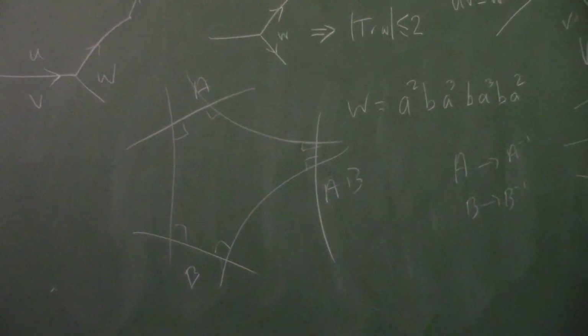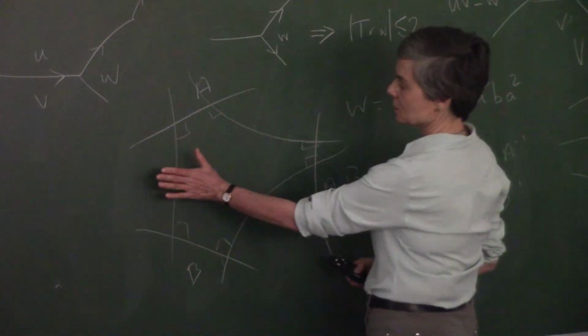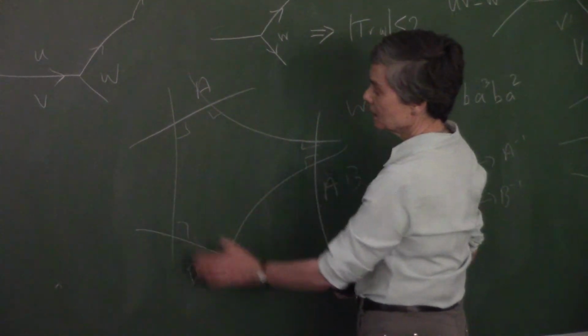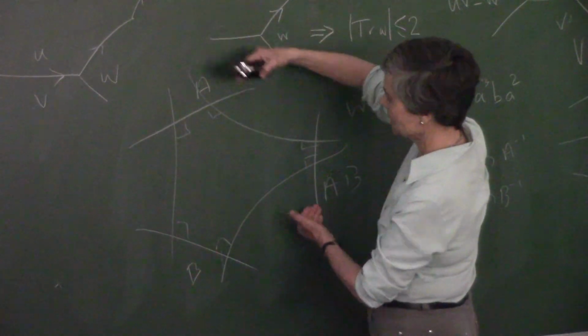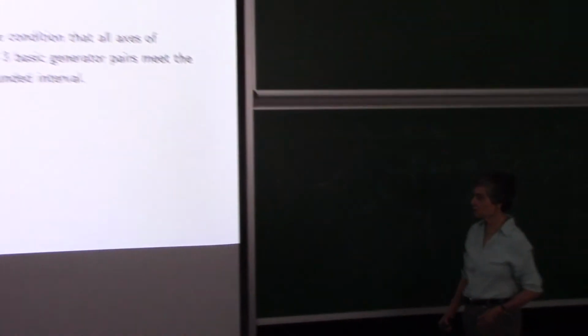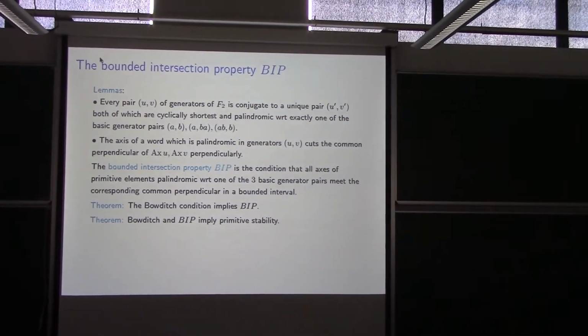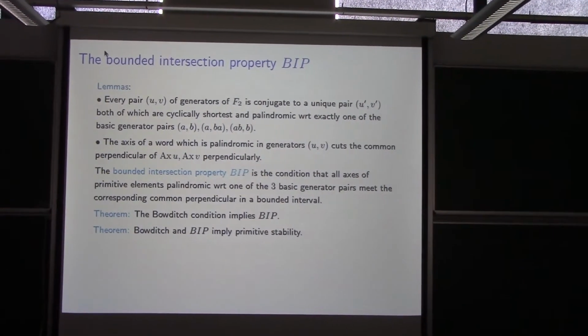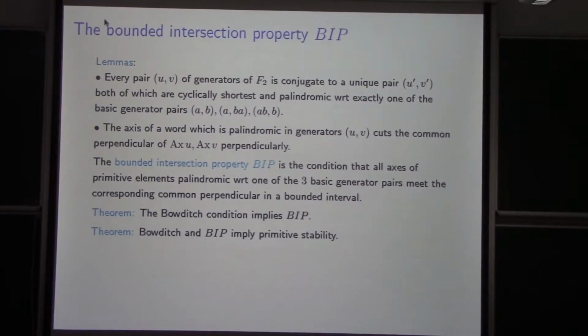But of course you have to conjugate to do that. But anyway, so you get zillions of these primitive elements cutting here perpendicularly. If they all cut within some fixed bounded interval for these three pairs of axes, that's what we call the bounded intersection property. So that's a nice property, and my conjecture is that these rays, the PQ ray is the ray on which the PQ curve is maximum along this interval.